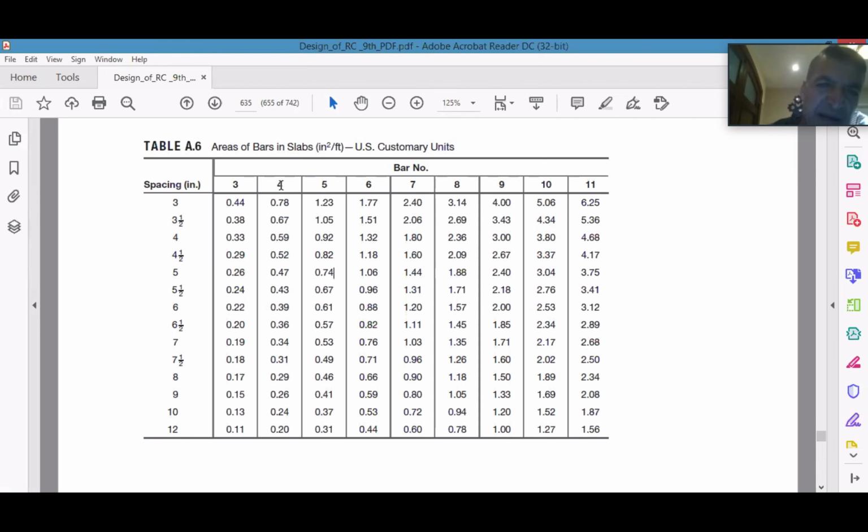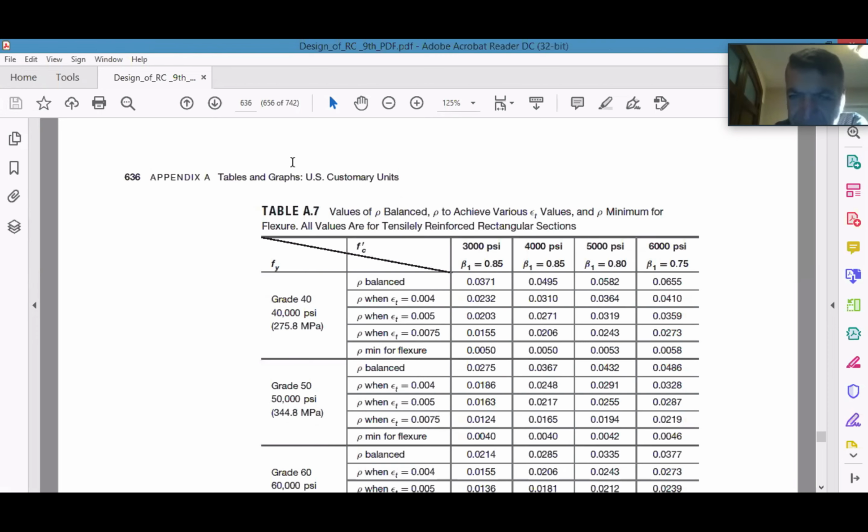Okay, we're gonna have like number 4 at 8 inches. The area is gonna be 0.29. But I will illustrate when we get there. This is especially for slabs. Okay, not for beams, for slabs. We'll come back to that.